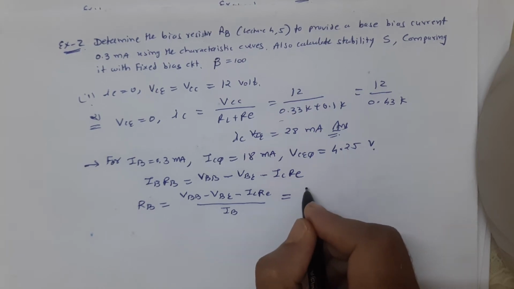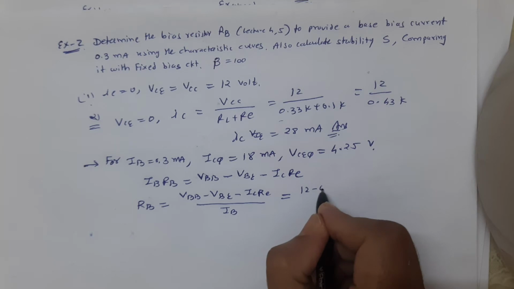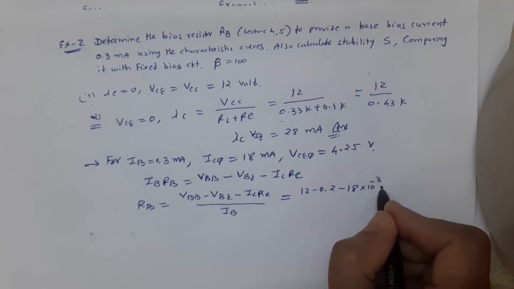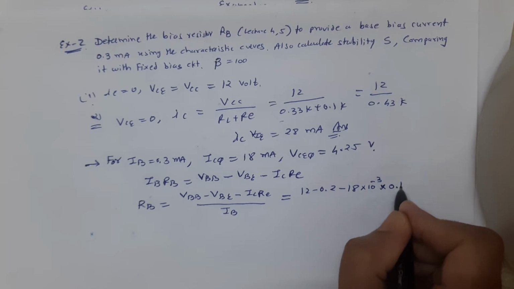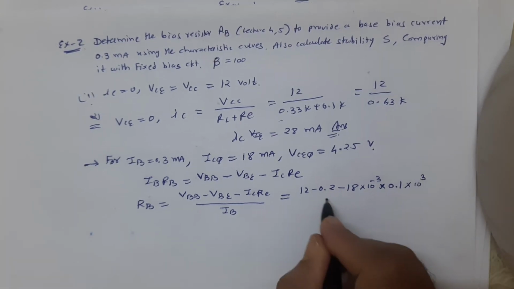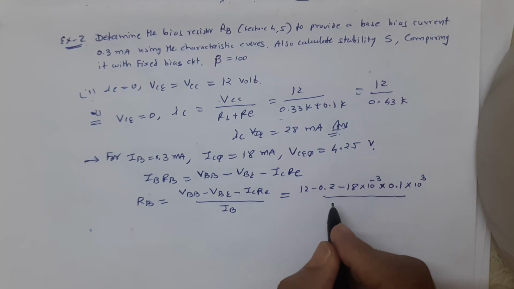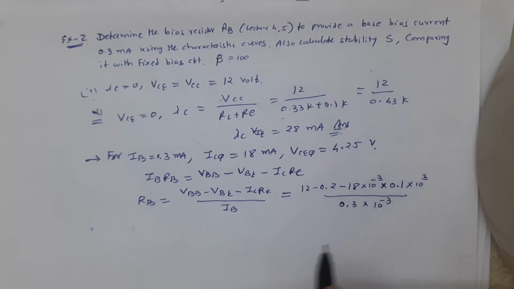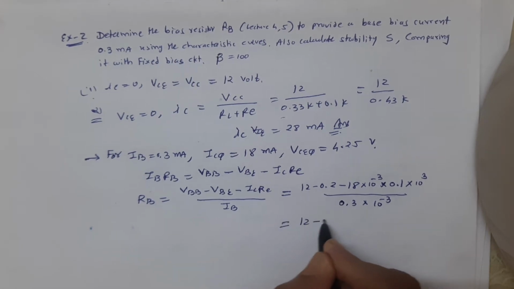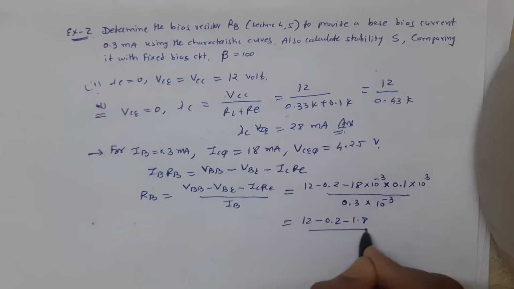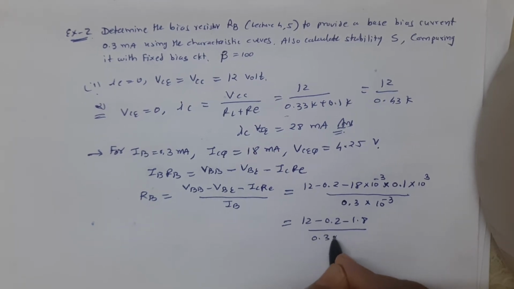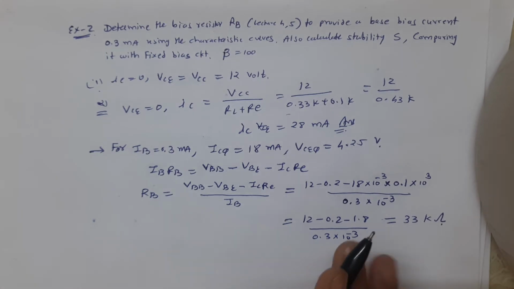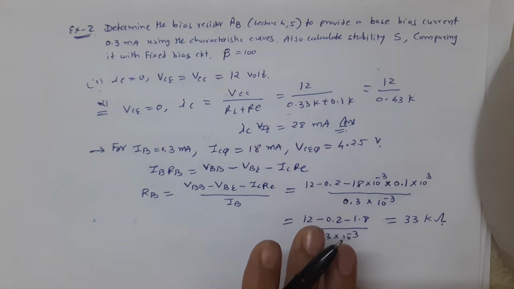This is equal to (12 minus 0.2 minus 18 into 10 raised to minus 3 into 0.1 into 10 raised to 3) divided by 0.3 into 10 raised to minus 3, and this is equal to (12 minus 0.2 minus 1.8) divided by 0.3 into 10 raised to minus 3, which is equal to 33 kilo ohm. This is the value of RB.